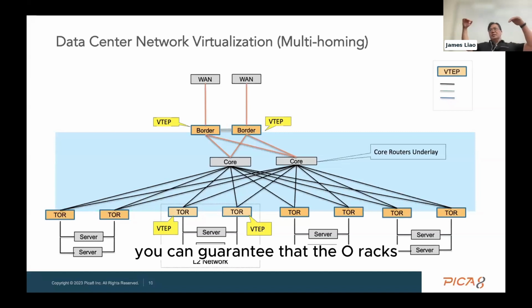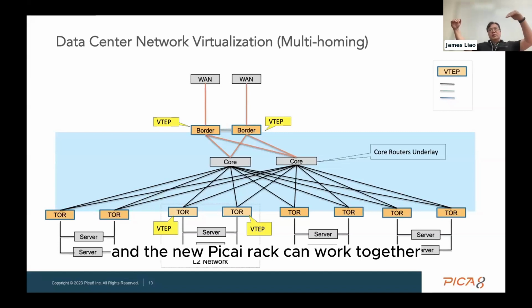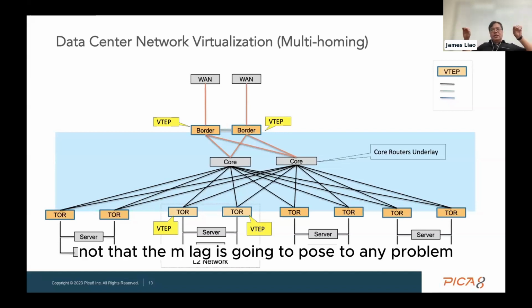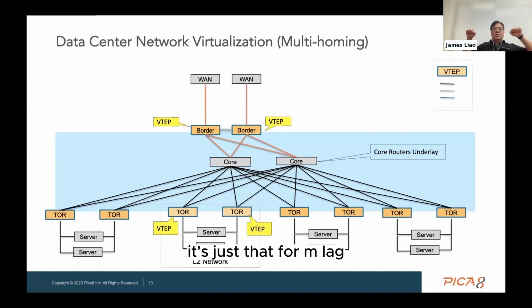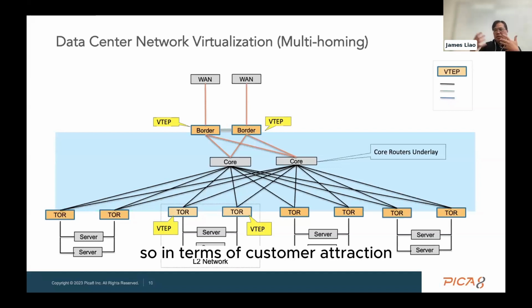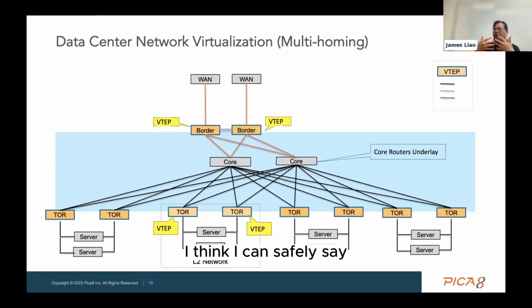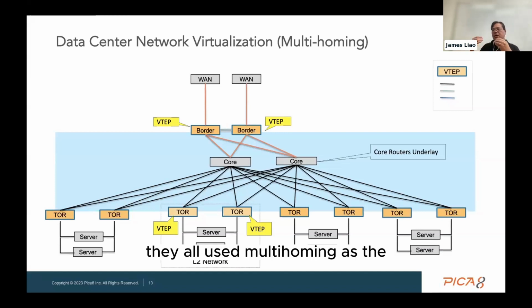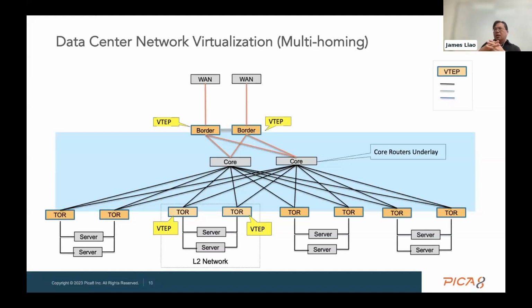You can guarantee that the old racks and the new PKI racks can work together without any problem. Not that MLAG is going to pose any problem. It's just that for MLAG, you have to do a lot more tests to ensure they are compatible. So in terms of customer traction, I can safely say at least 70% of the customers we are working with all use multi-homing as the topology.